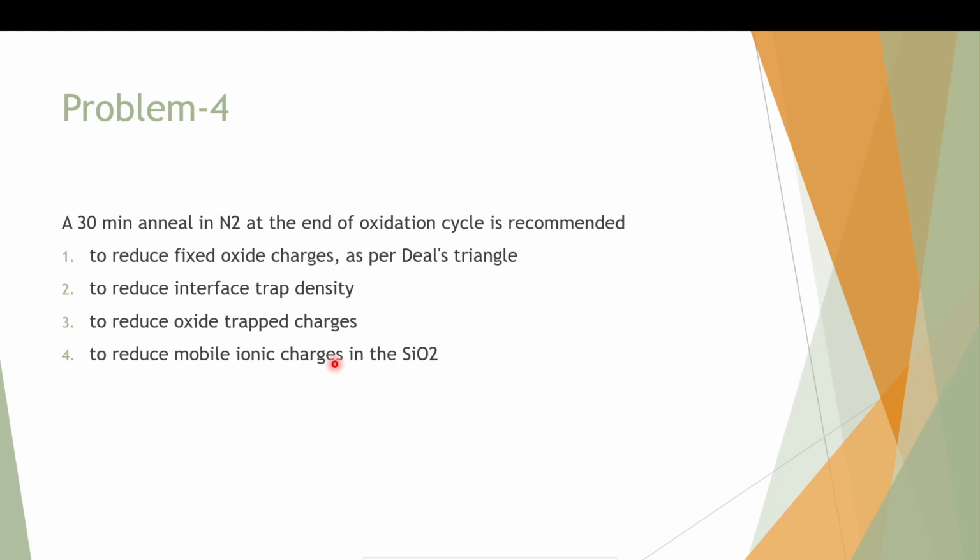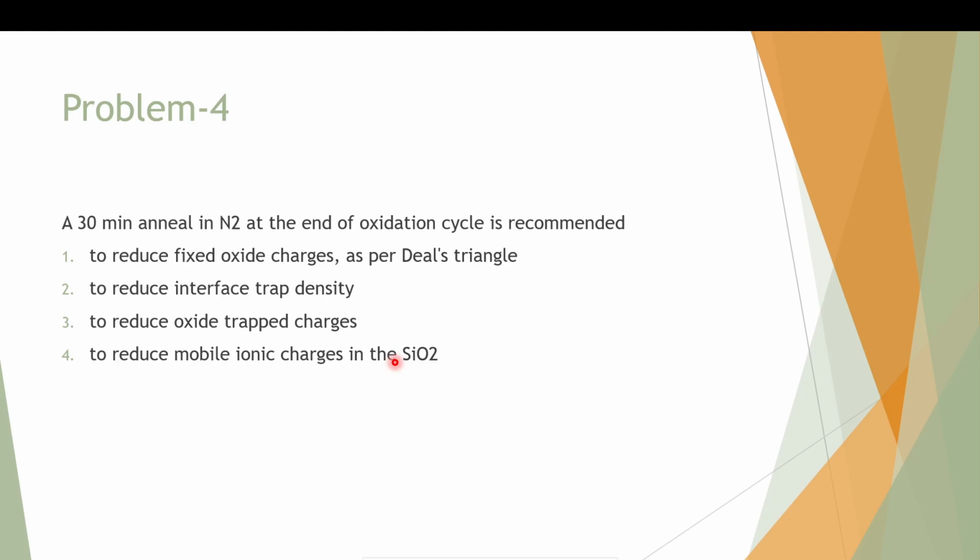And there might also be mobile ionic charges. These come along when we are doing any kind of deposition, because of the furnace that we are using, or all kinds of contamination present on the wafer holder.